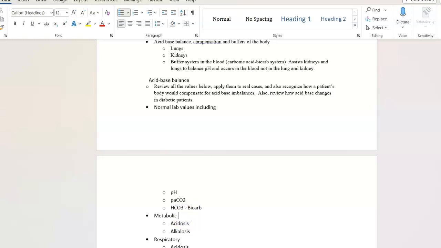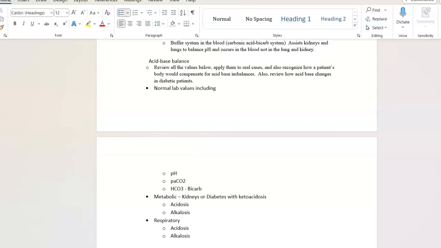So metabolic generally references the kidneys. Okay. So, but it could be diabetes with ketoacidosis, for example. Okay. That references that metabolic.